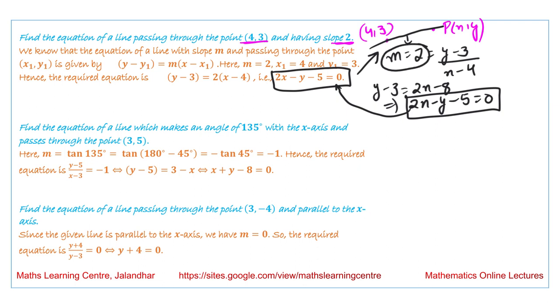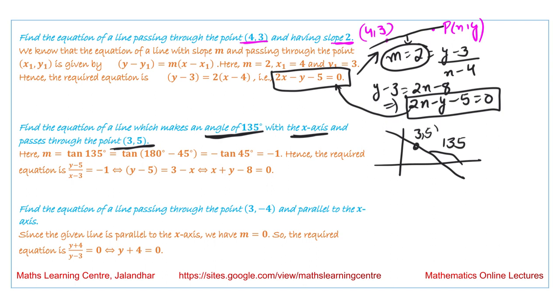Next is, find the equation of the line which makes an angle of 135 degrees with the x axis and passes through the point 3 comma 5.